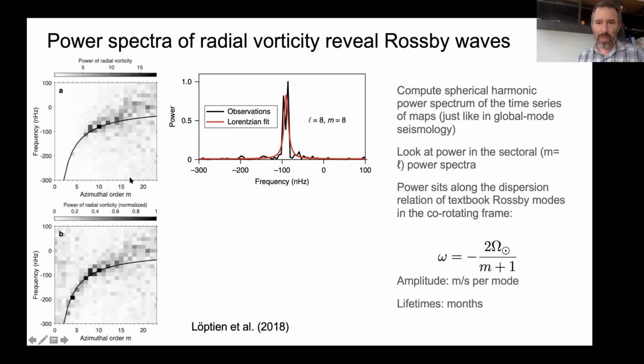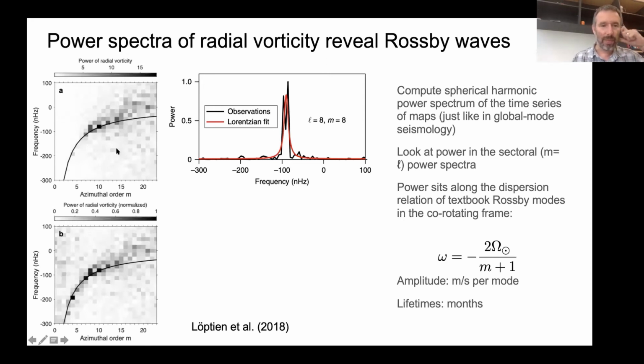And then you can put those maps through an analysis that's just like what I showed for global helioseismology. Imagine, instead of global helioseismology applied to Dopplergrams, global helioseismology applied to time series of maps of the radial vorticity. And this is what you get.